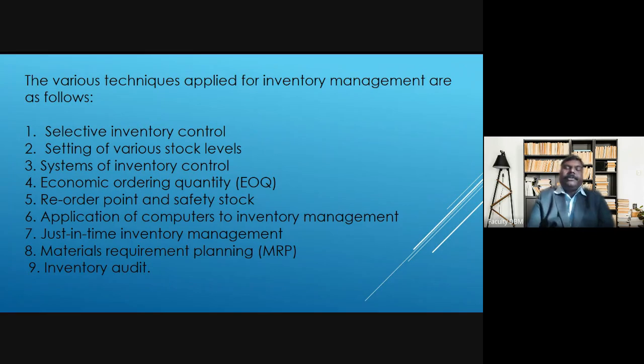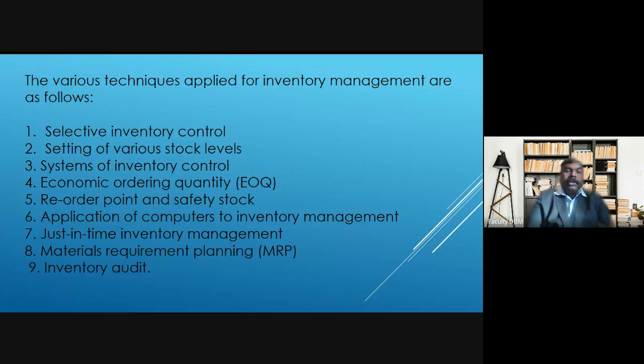So various techniques applied for inventory management are as follows: selective inventory control, which we are going to see in the next slide; setting the various stock levels, that is the reorder level, minimum stock, zero stock, and maximum level, full tank level, half tank level, minimum stock, safety stock. We keep these levels in order to have inventory management.